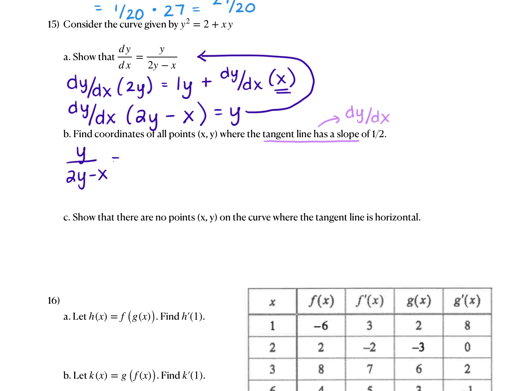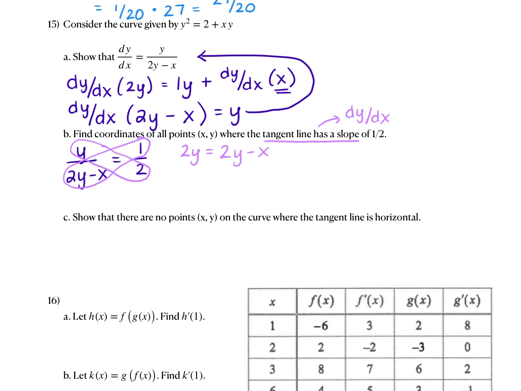And I want to somehow make this thing equal to 1/2. Now you might see what needs to happen right now. Like you might see mathematically something cancels out. What I would do if I had to solve this thing is I would cross multiply. So I would say y times 2 gives me a 2y, and 1 times 2y minus x gives me a 2y minus x.